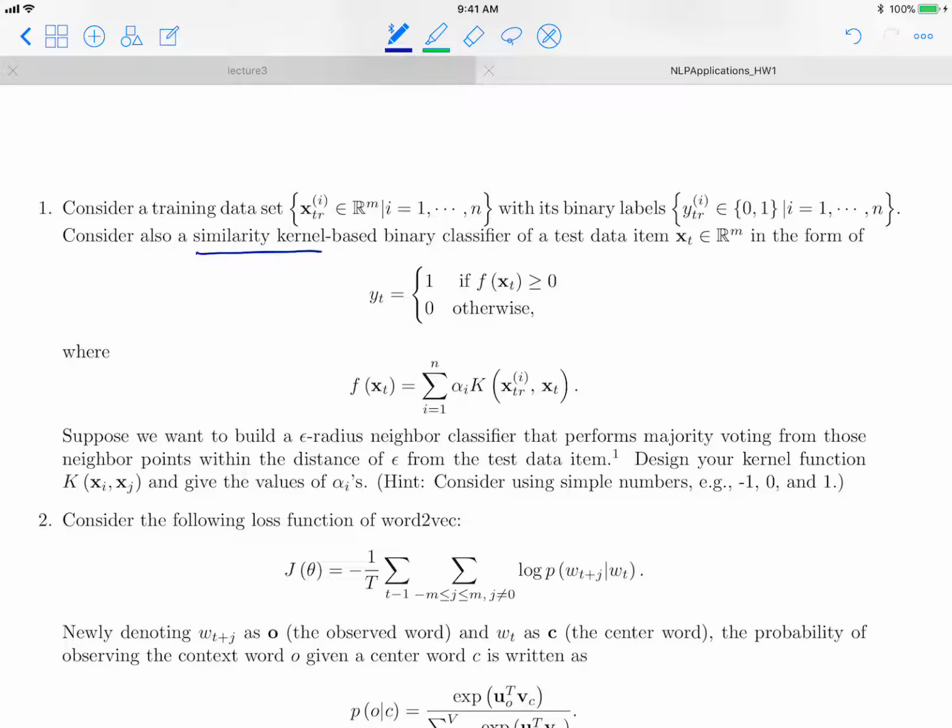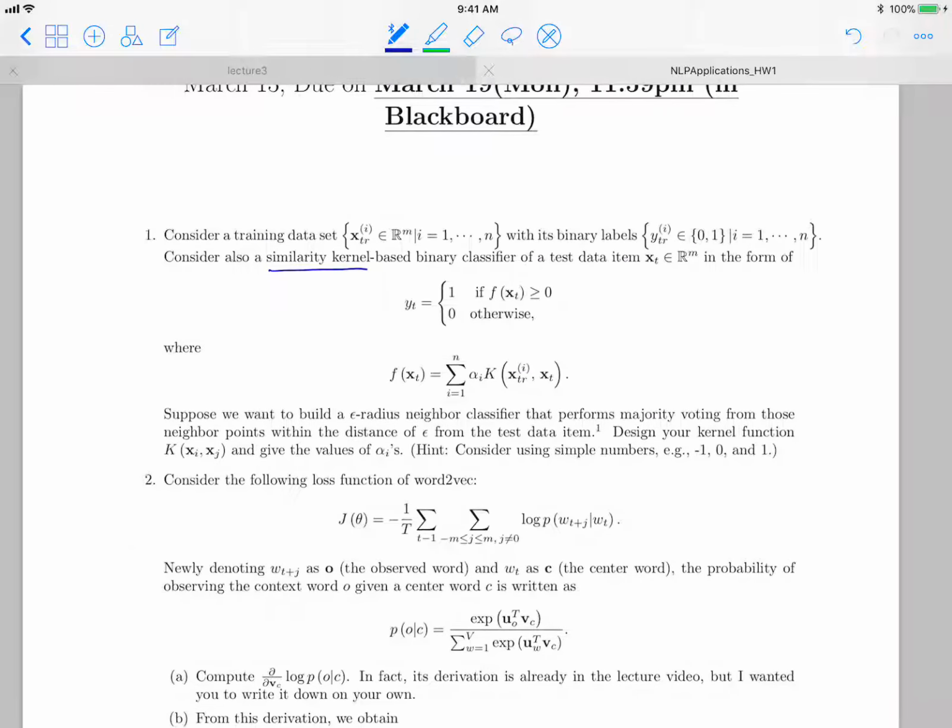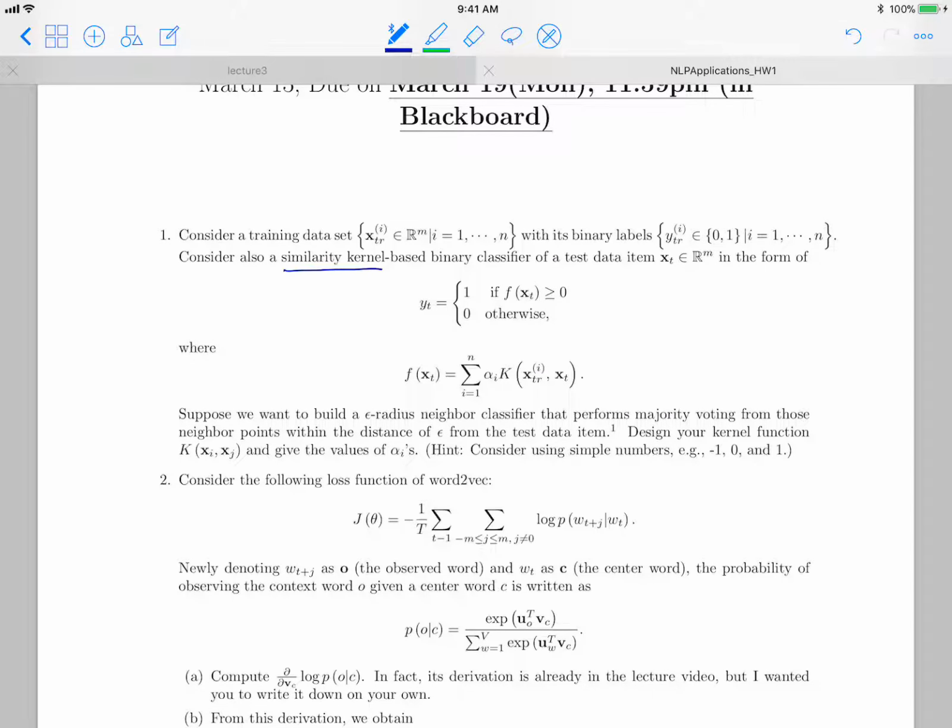I didn't have a chance to write the best answer myself, but let me try to write it. You know how this epsilon radius neighbor classifier works, right?